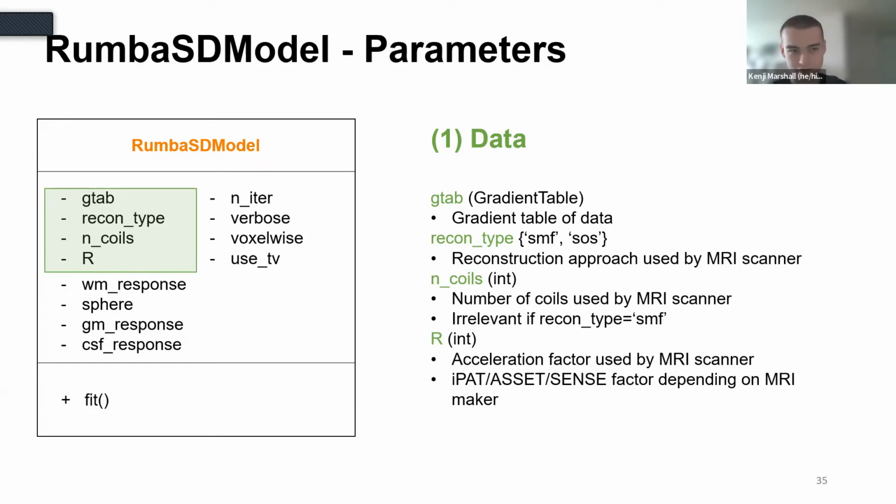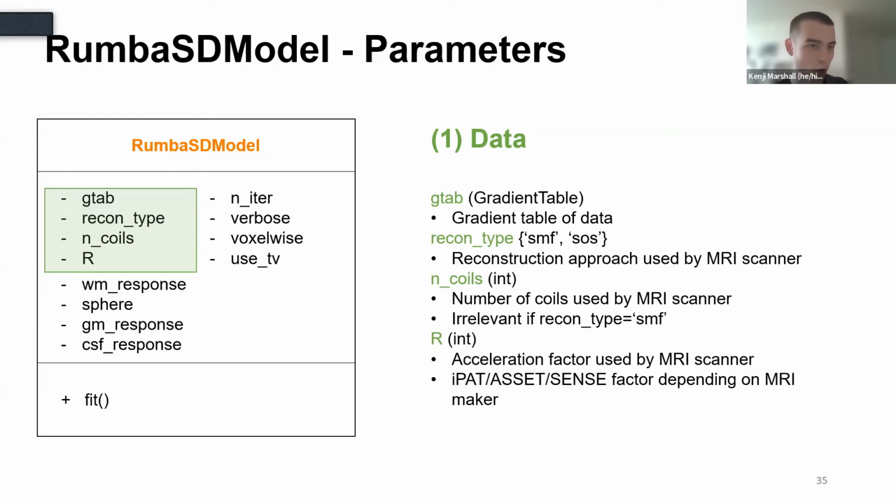This is either that spatial matched filter approach, which I touched on earlier, or the sum of squares approach, which I also touched on earlier. So this involves looking at what type of MRI scanner you're working with. If you don't know, then once again, using SMF is the more reliable assumption, and that's the default value in the Rumba constructor.